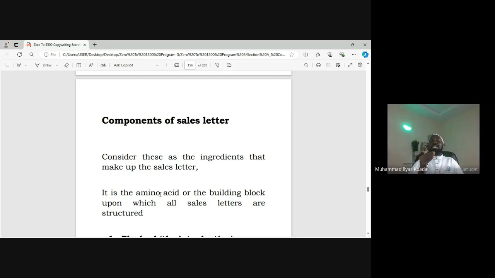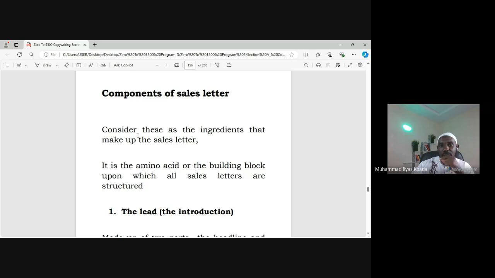It is the foundation of today's copywriting. The copywriting you see on Facebook today, on landing pages, in emails, that is the foundation of it. That is what they call sales letter or sales copy. If it is in video, it becomes a video sales letter or video sales message.